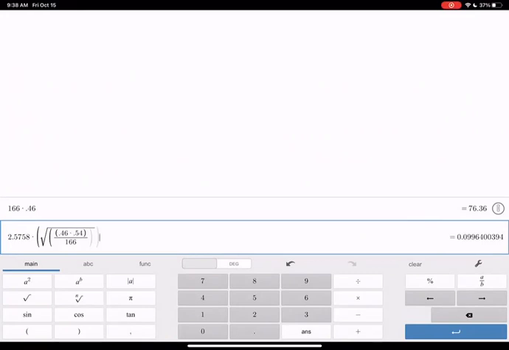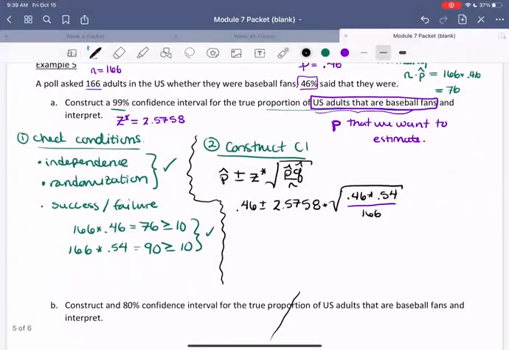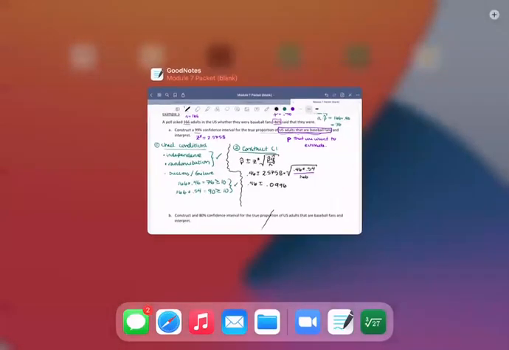And we see that on the bottom right of the screen there. So I'm going to round to the nearest 4 decimal places. So I can write this as 0.46 plus or minus 0.00996. All right, so now I can consult my calculator to get my lower and upper bound.